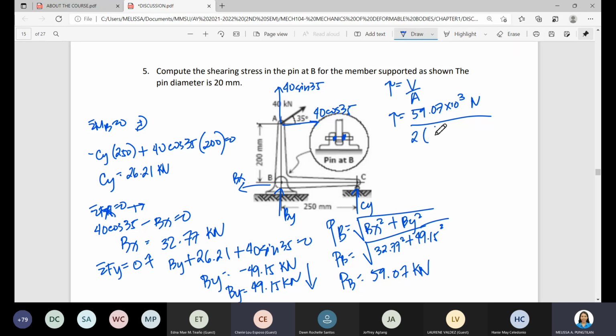Therefore, twice of pi d squared over 4, where our d is equal to 20 mm. Therefore, our shearing stress is equal to 94.04 Newton per square millimeter. So this is the required shearing stress at point B.